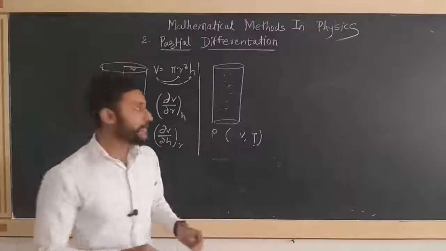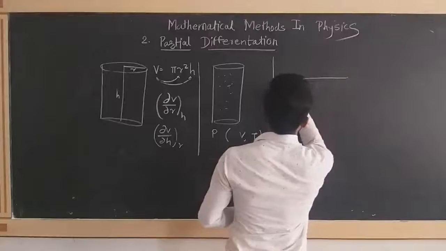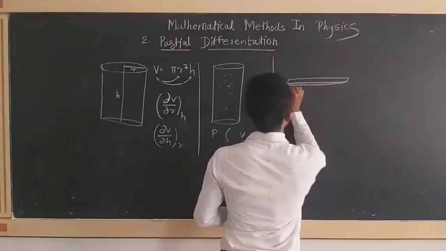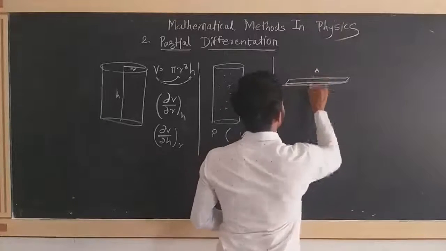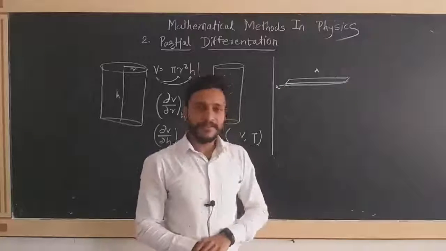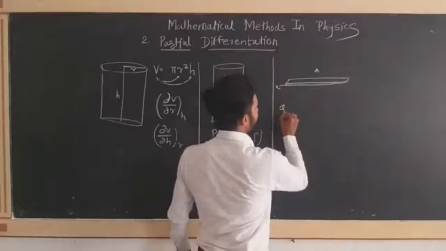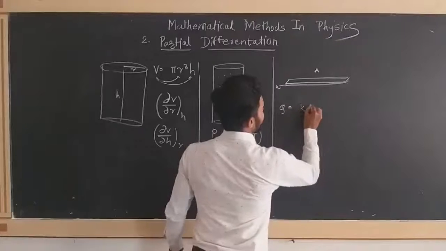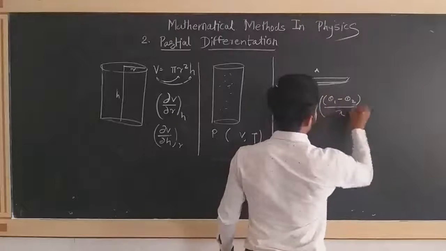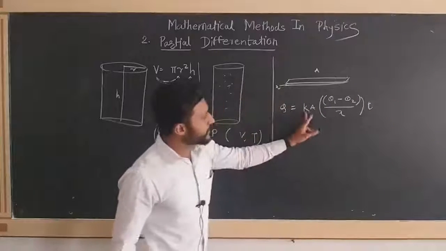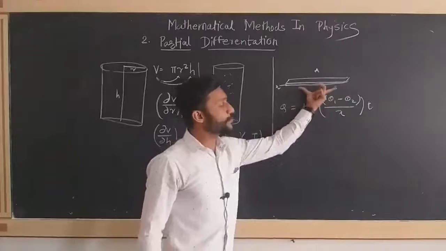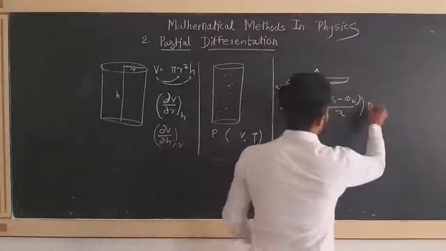Now if you consider a metal plate of area A and thickness x, and if we give heat to one end of this plate, then the thermal conduction Q is equal to K A (theta 1 minus theta 2) upon x into T, where K is the constant, A is the area of the plate, theta 1 and theta 2 are the temperatures at these two ends, x is the thickness and T is the time.